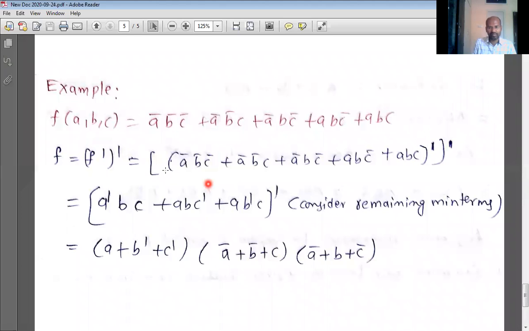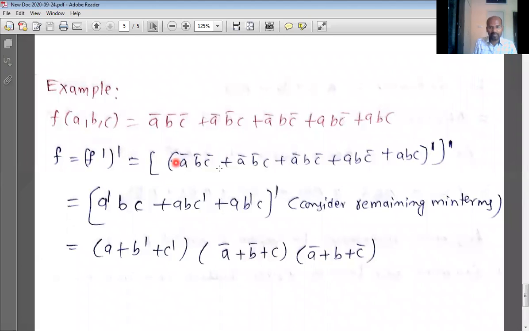So what we are doing is, for the expression, get the not of it. Not means complement. Now since it is a three variable function, how many combinations are there? For a three variable function, there are 8 combinations: 0 0 0, 0 0 1, like that, 8 combinations.